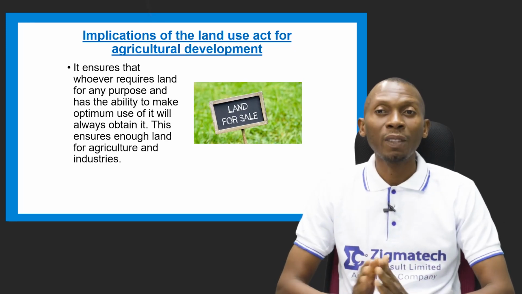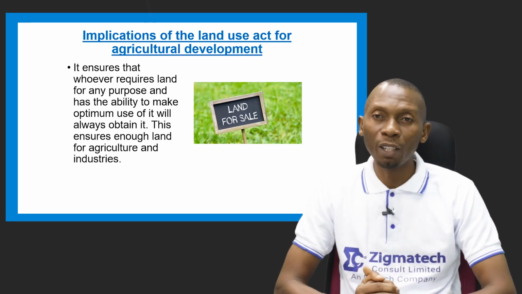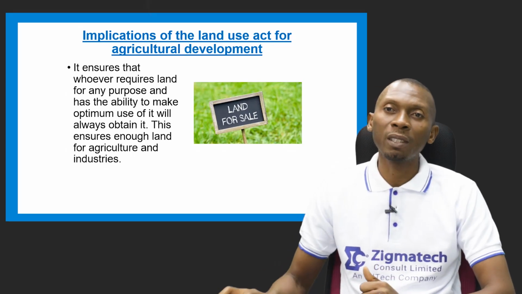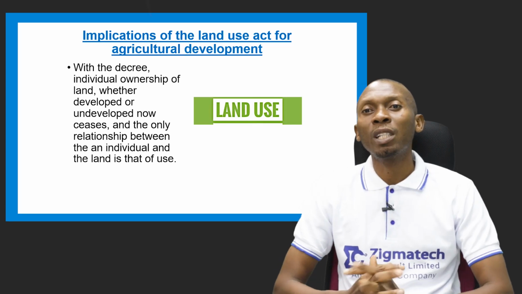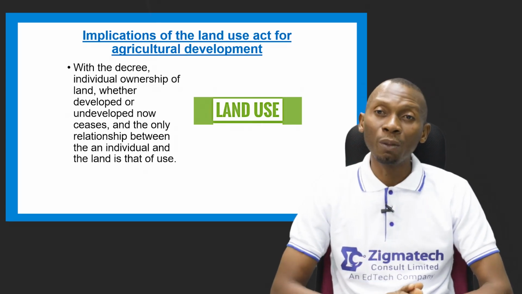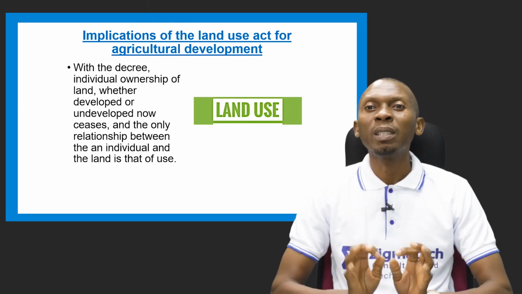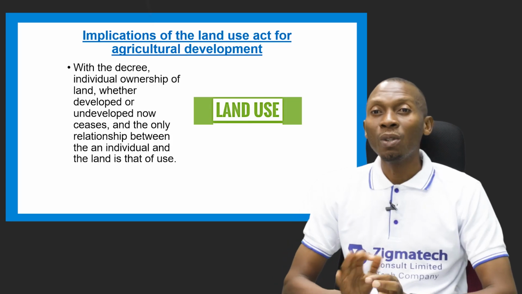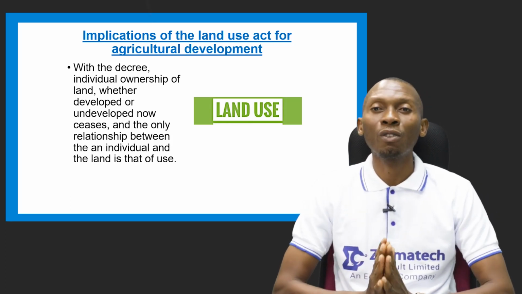As a result, this helps to ensure that enough land is made available for agriculture as well as for industries. Now, with the Land Use Decree, individual ownership of the land, whether developed or undeveloped, will cease. And in this case, the only relationship between the individual and the land is that of use.